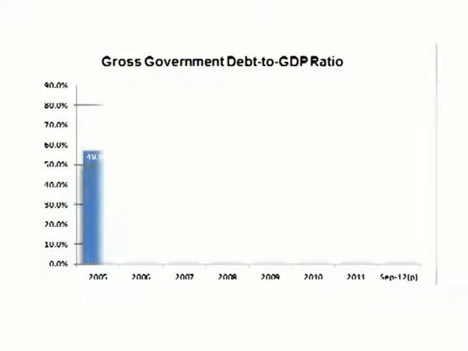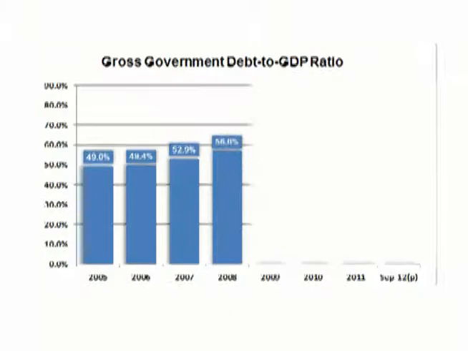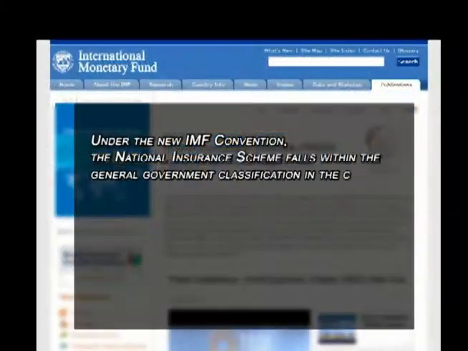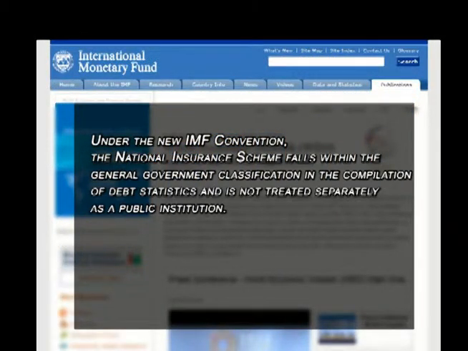Where are we as a country as it relates to the two types of debt, household debt and government debt? For Barbados, we've been able to achieve a debt to GDP ratio of 79%, and that is taking account of the holdings of debt by the NIS and is consistent with the IMF recent convention on calculating debt.